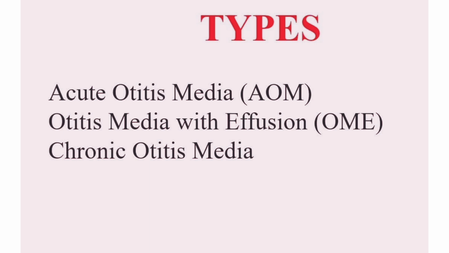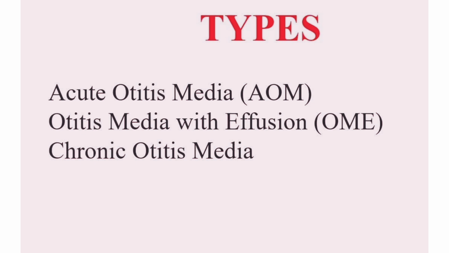Acute otitis media is a sudden onset of infection and inflammation in the middle ear. It is often accompanied by symptoms such as ear pain, fever, and hearing loss. Number 2 type is otitis media with effusion.